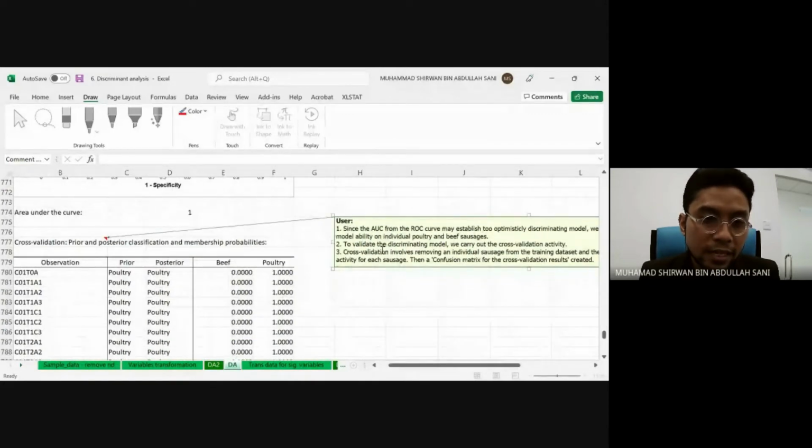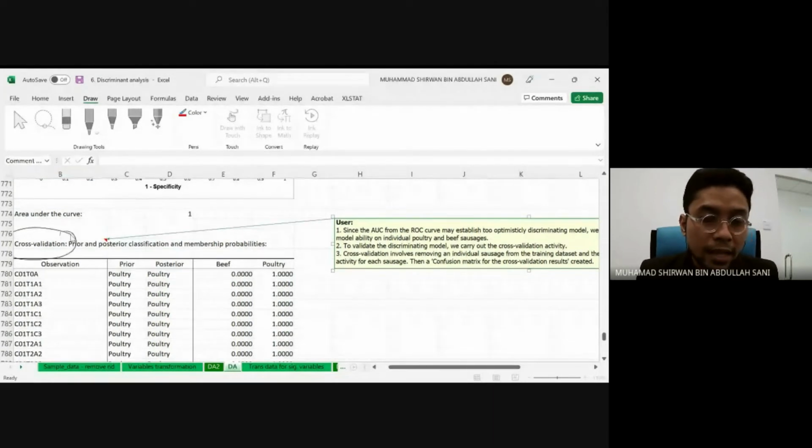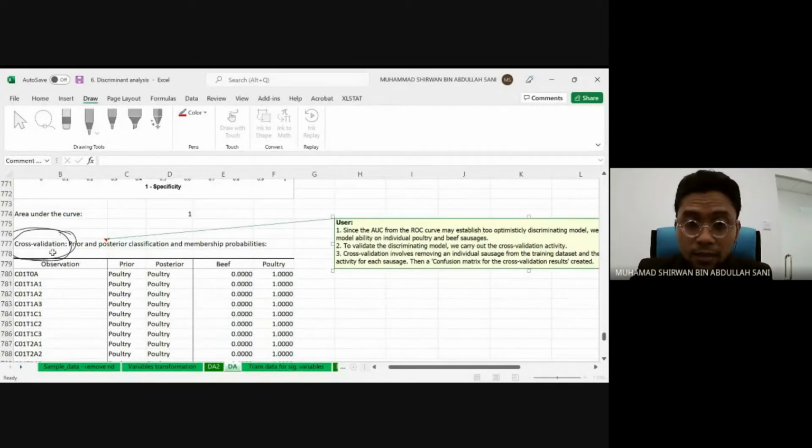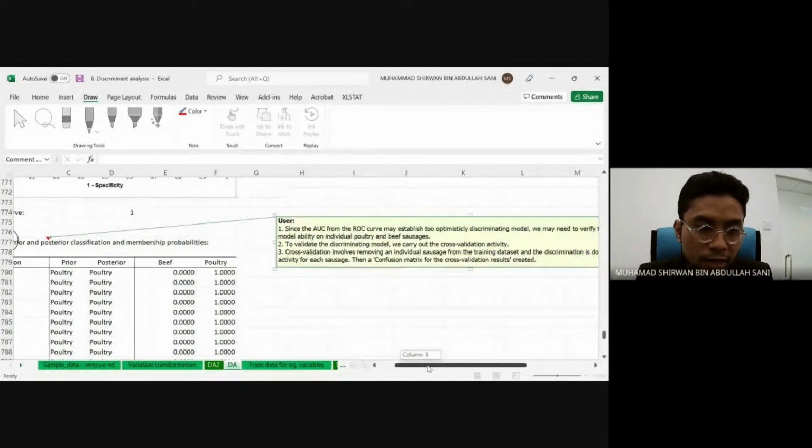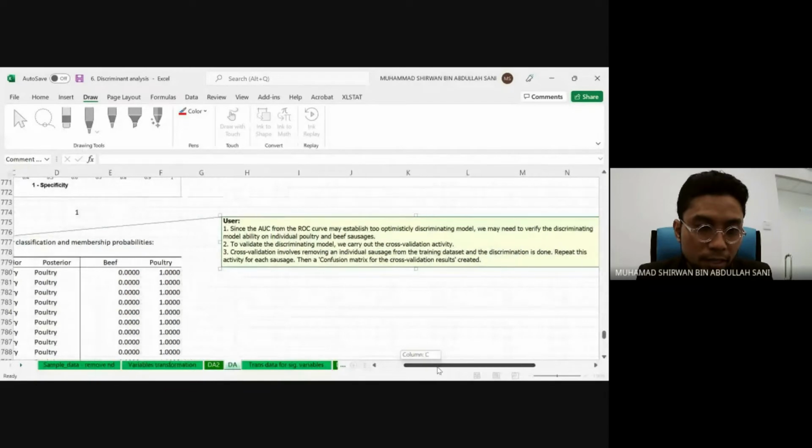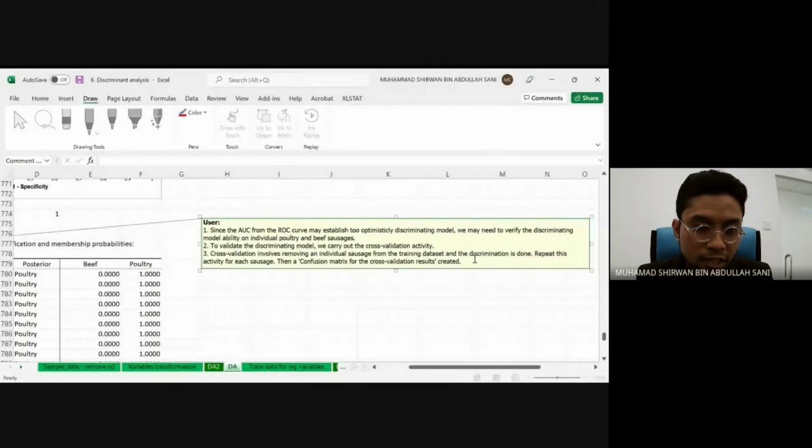So to validate the discriminating model, we carry out cross-validation activity. So that's why you will see any discriminant analysis under Excel stat, they will create a cross validation to support your results. This cross validation involves removing an individual sausage from the training data set, and this discrimination is done.